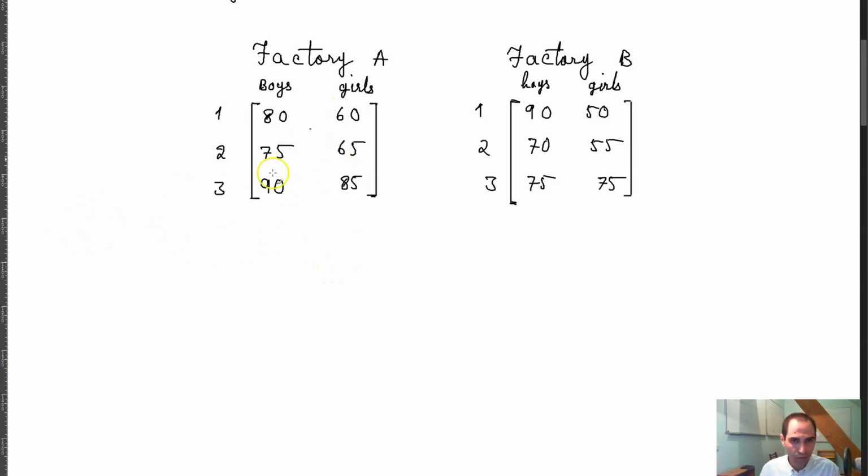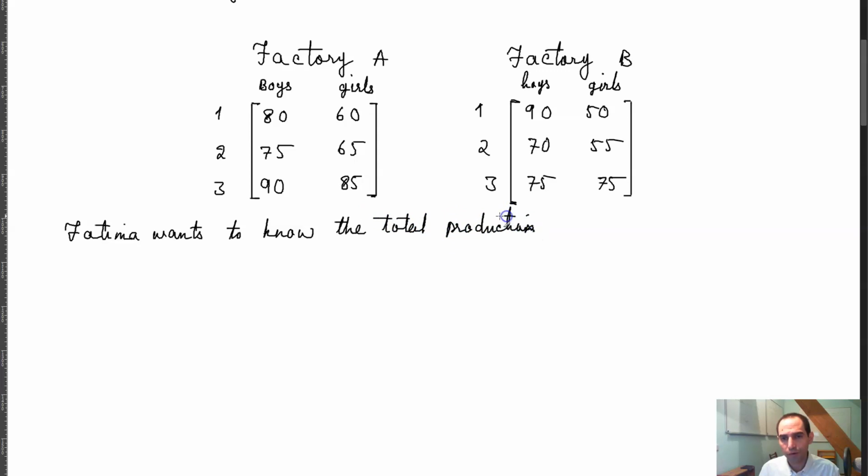So what Fatima wants to know is the total production of sports shoes in each price category. Meaning that in price category 1, the factory is not relevant anymore.